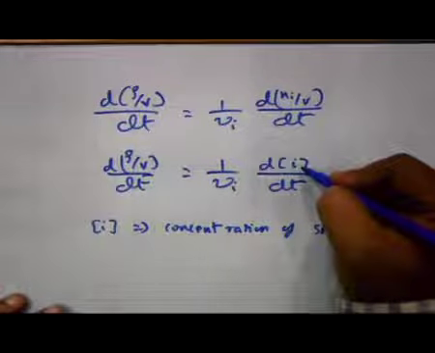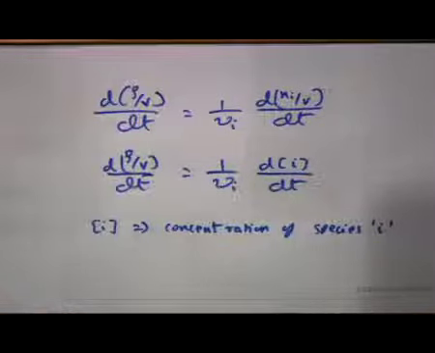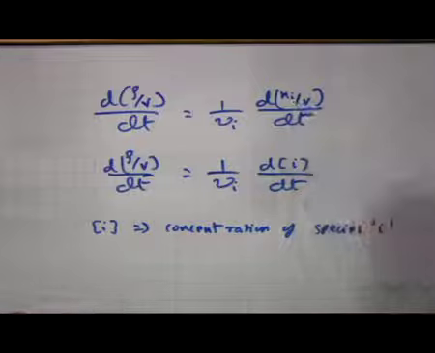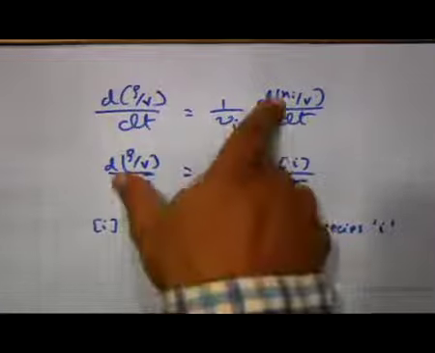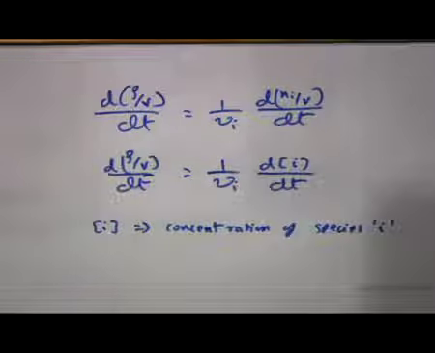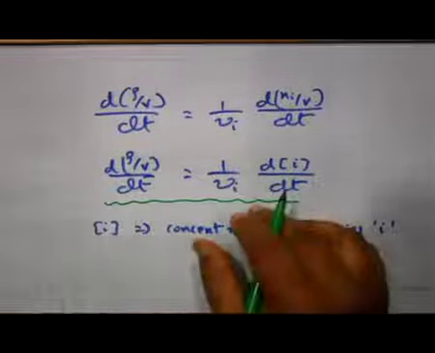where νi is the corresponding stoichiometric coefficient. And how did we make this conversion from Ni over V to concentration of i? It is very simple. What is concentration? Suppose molar concentration is moles over liter. Ni is the number of moles, and if you have V in liters, you can always do the conversion, so you have the corresponding concentration term. So, this again is an extremely important equation.